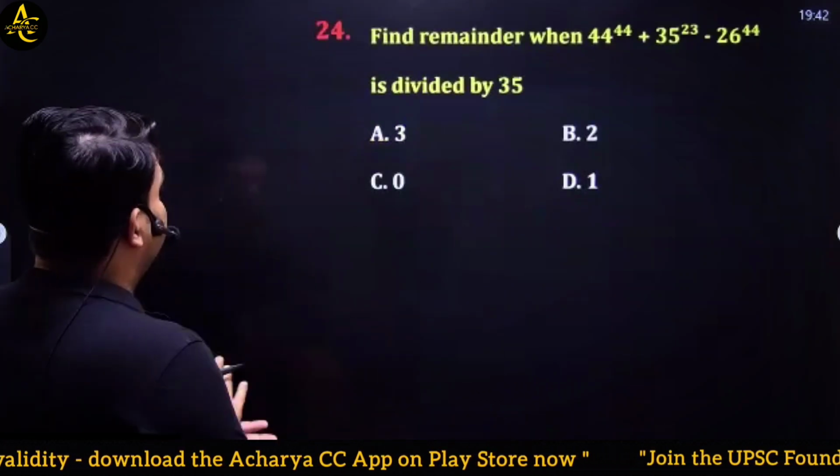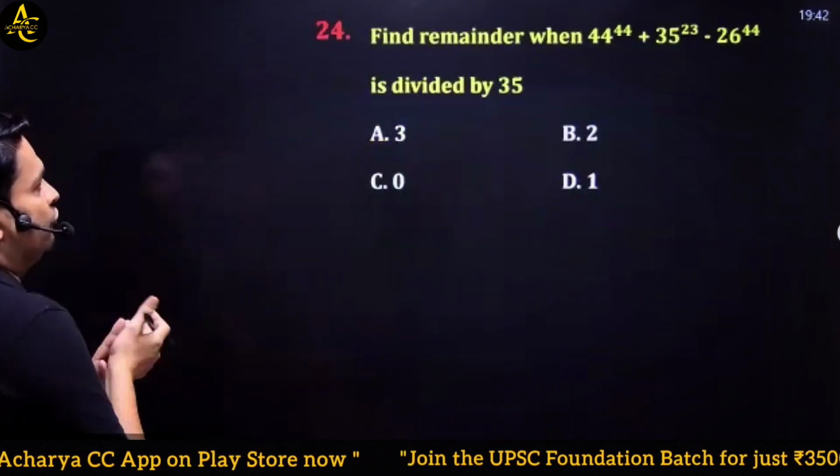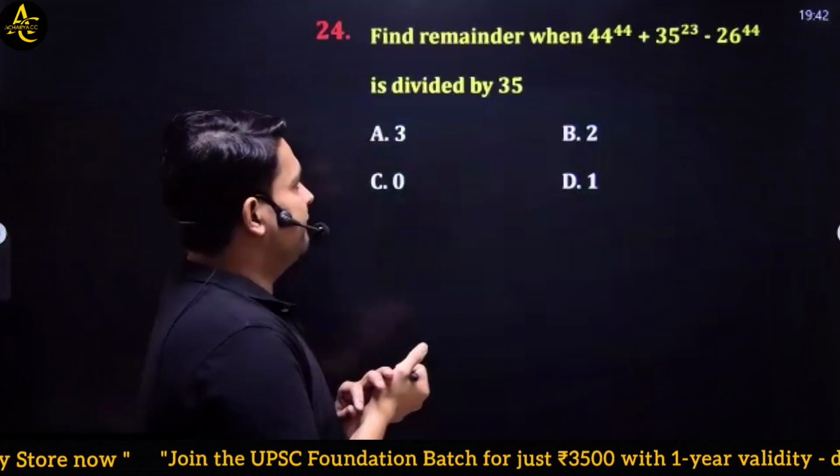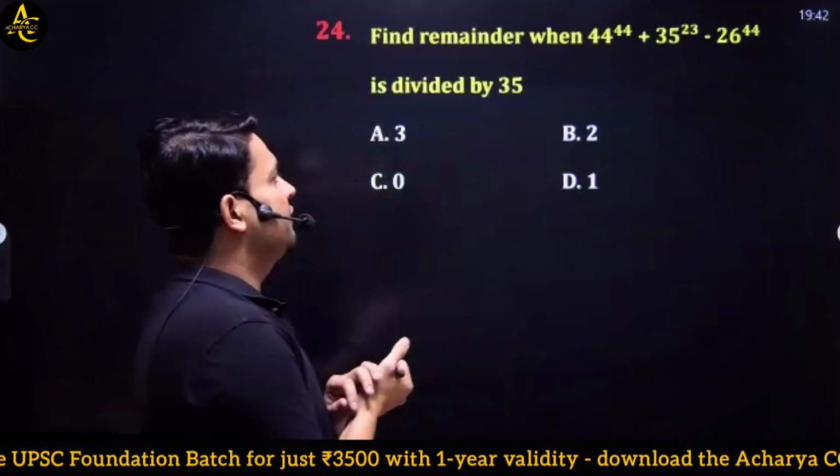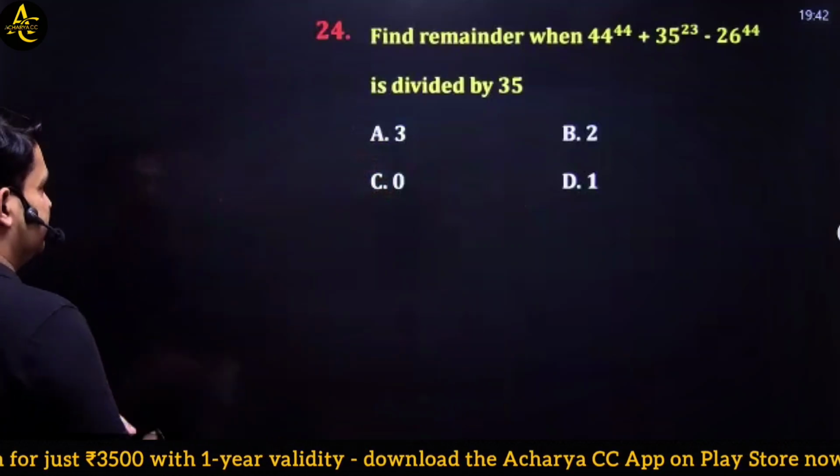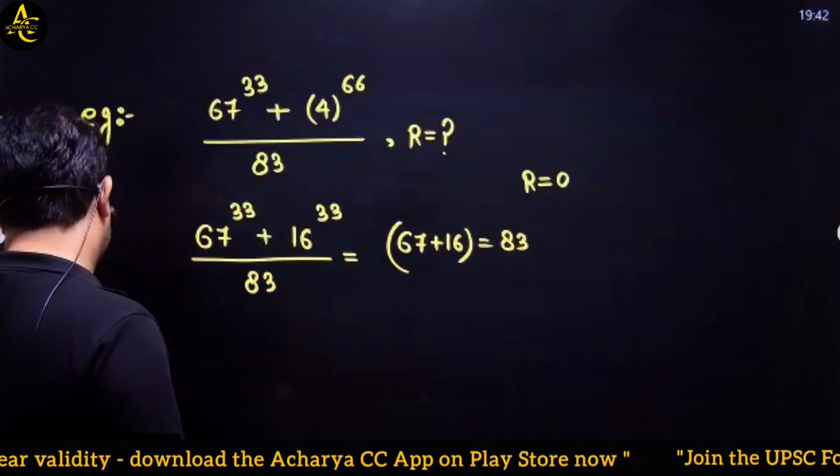Next. Find the remainder when 44 to the power 44 plus 35 to the power 23 minus 26 to the power 44 is divided by 35.